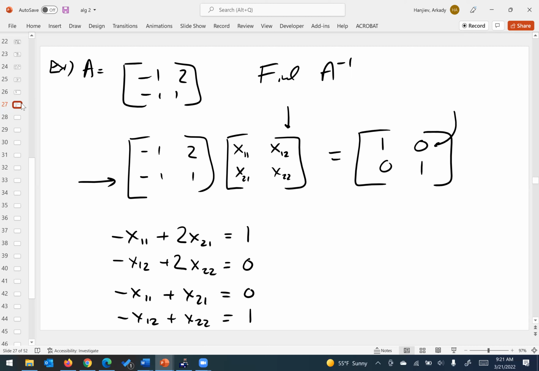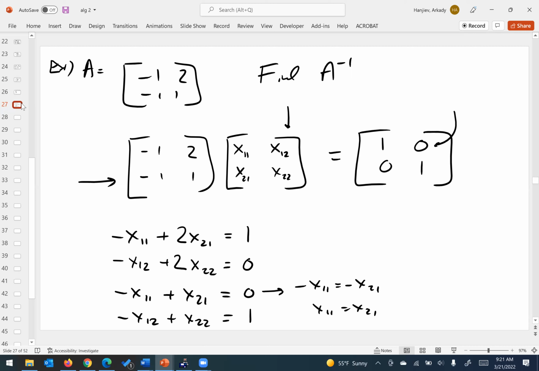X11 and X21 are the same. We know that. Oh yeah, look at this, guys. Is that true? Let me just write all these down. Yeah, we can do some puzzle work here.